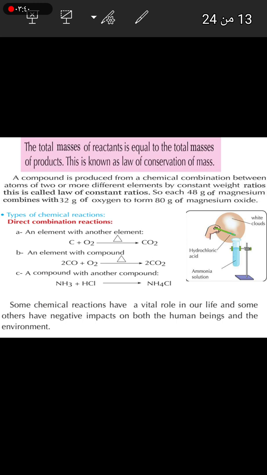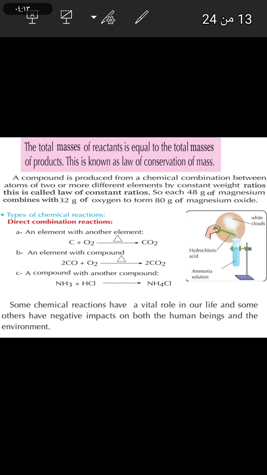Number 1, an element with another element. Like what? Carbon combined with oxygen to produce carbon dioxide. Number 2, an element with a compound. Like what? The element oxygen, O2, combined with the compound CO, carbon monoxide, to produce carbon dioxide.